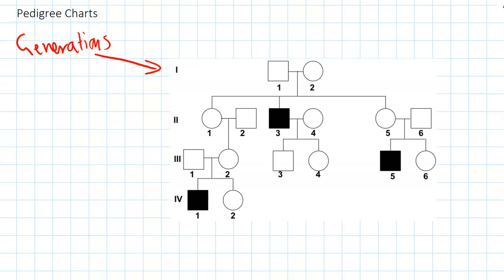The next feature are these horizontal lines, and these represent either a marriage or two people having children together. So they're called marriage lines, but obviously people don't need to be married to have children. That's just the historical name that we've kept.